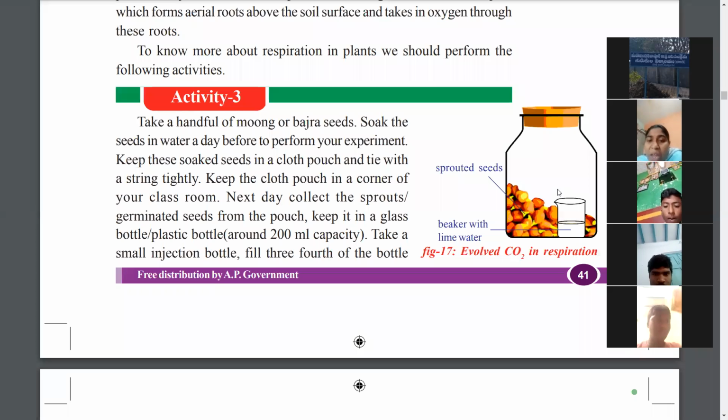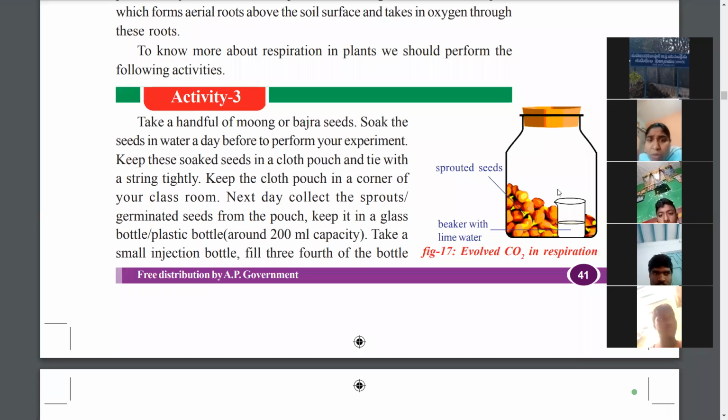Then, on the next day, you had to collect all the sprouted or germinating seeds and place them in a 200 ml plastic bottle or glass bottle, or a flask.